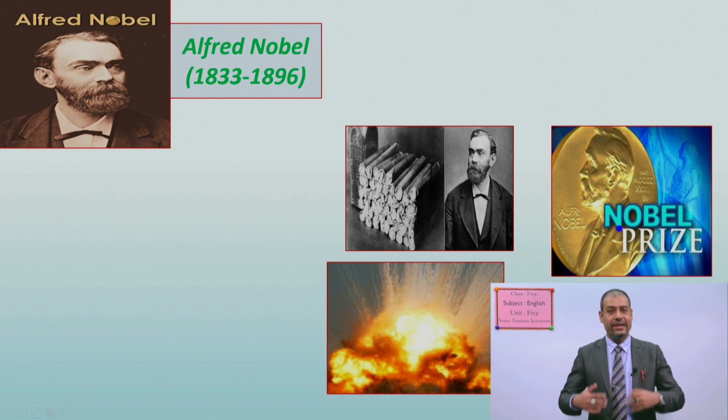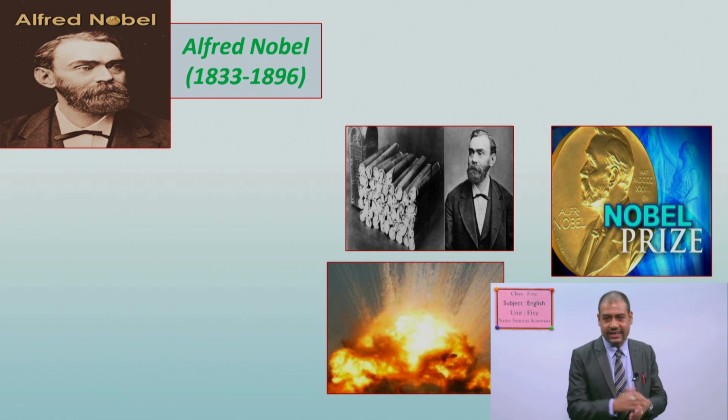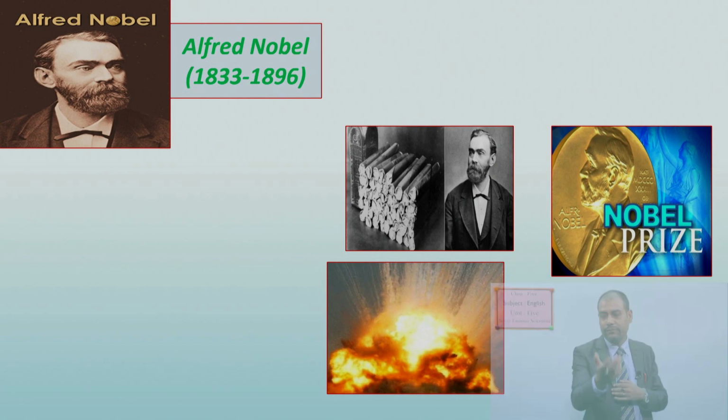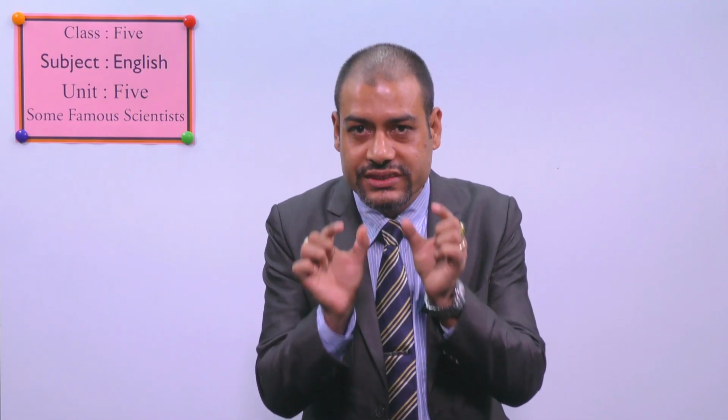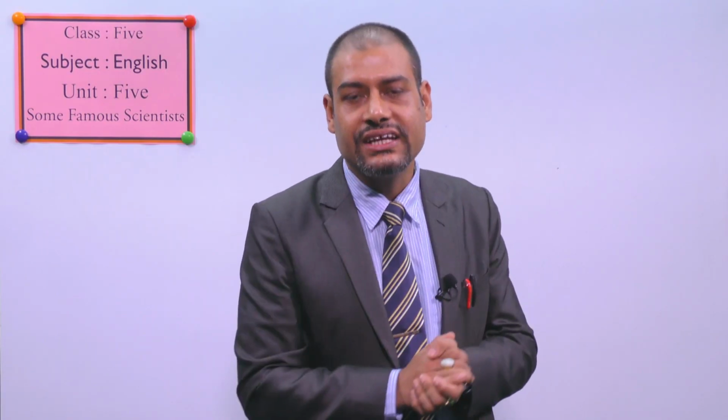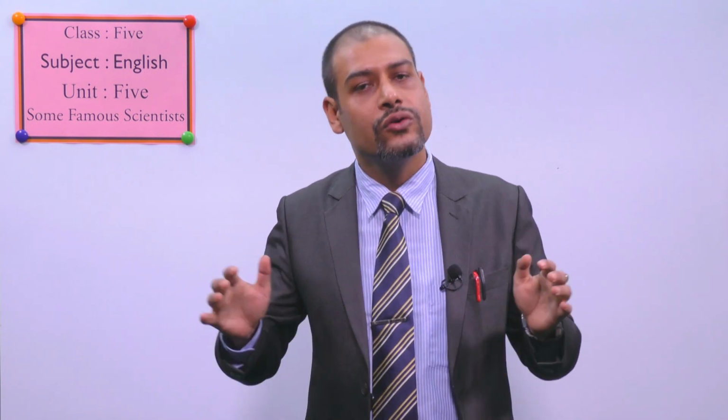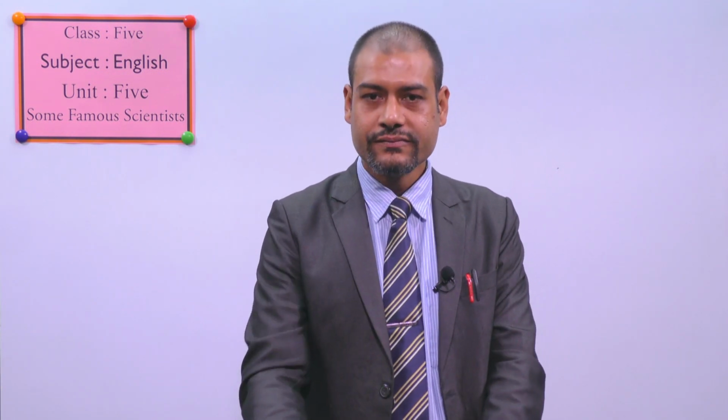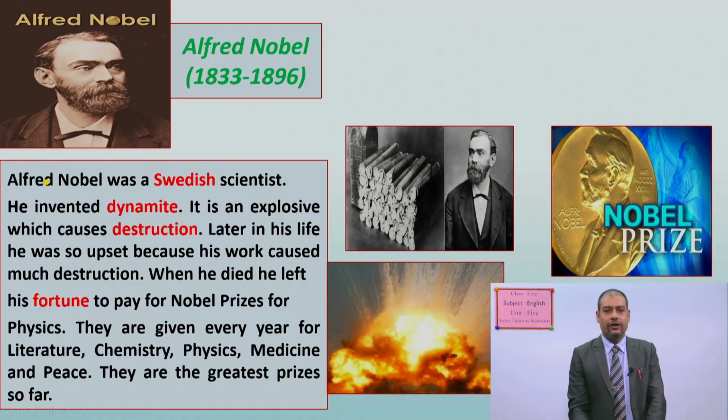Okay. Now, I am going to show you the text, and again you have to read with me first. Then I will explain to you about him. Then we will practice pronouncing the words. Then I will tell you the meanings of some unfamiliar words. Okay? So the text. Alfred Nobel was a Swedish scientist. He invented dynamite.